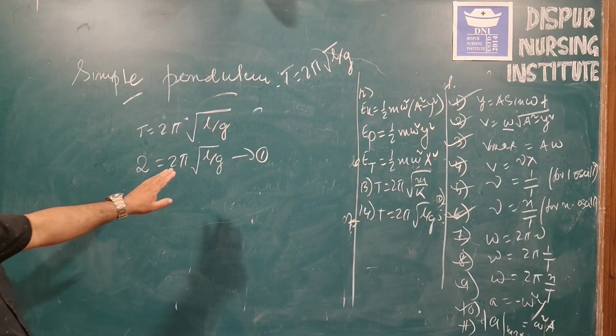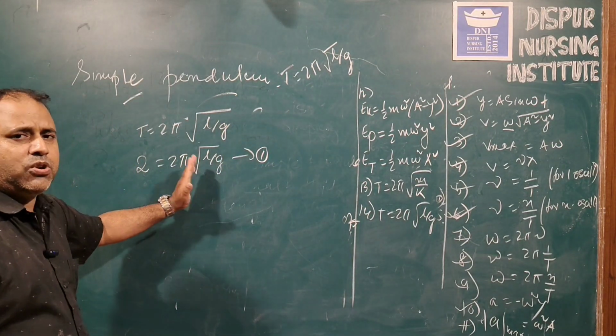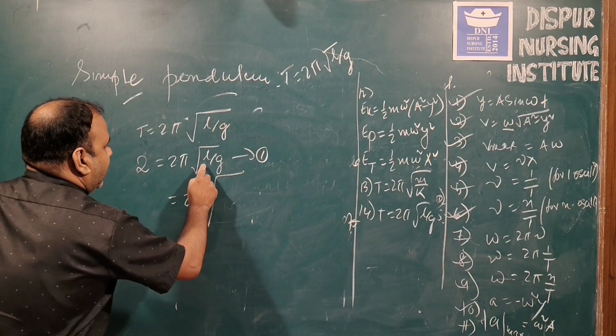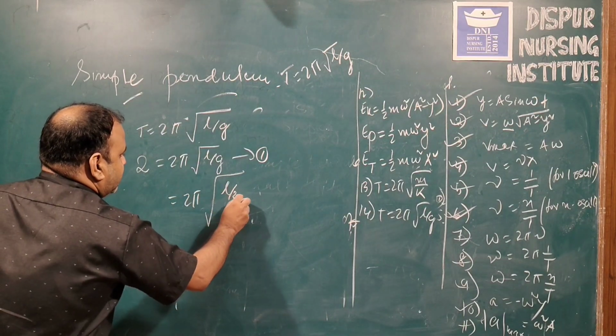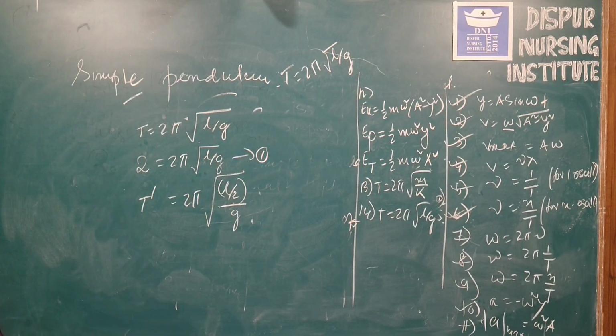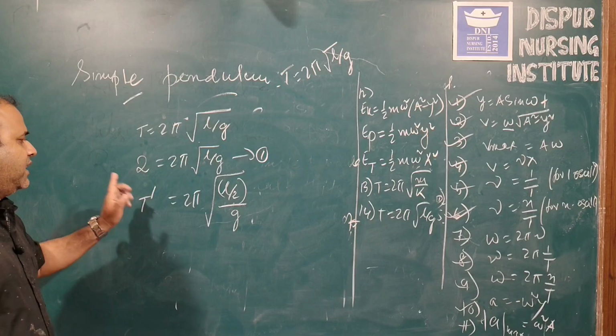Second case, when the length of the simple pendulum is reduced to half, that means 2π under root L reduced to half, that means L by 2, here g. So what is the time period? T dash. That means the new time period will be T dash.